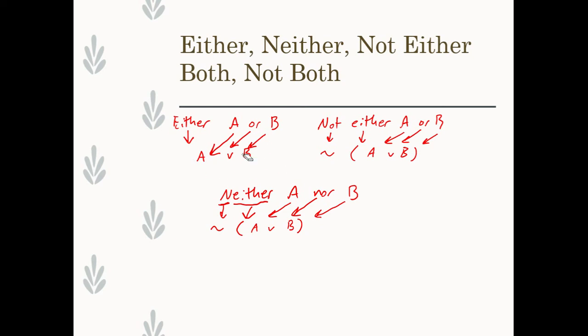The reason this helps a lot is sometimes in the middle of a sentence, you'd see something like, if I like pizza, then either I like ice cream or I like, I don't know, garbanzo beans.